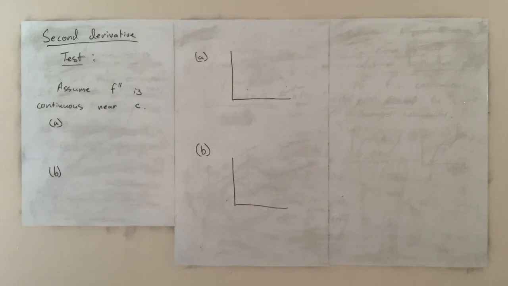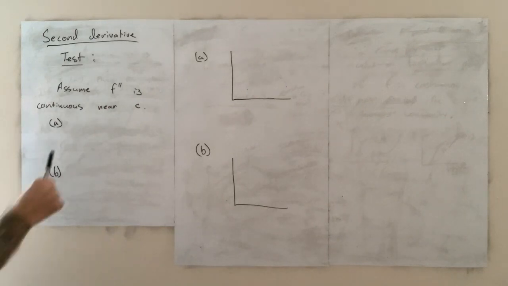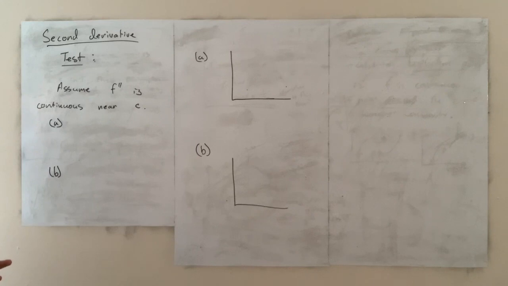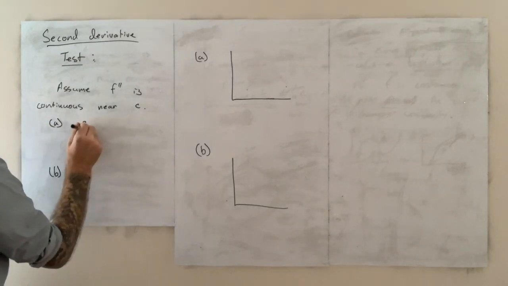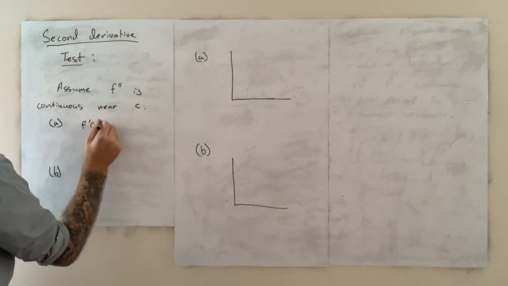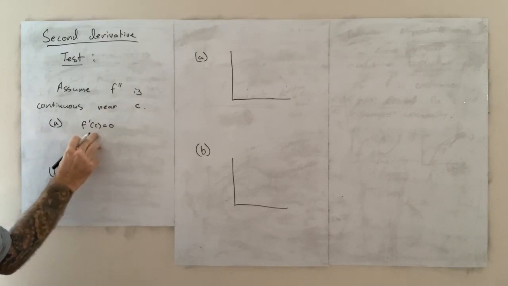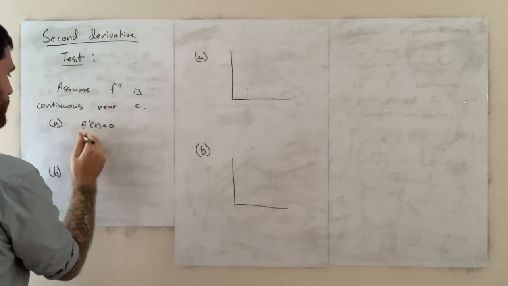Now we come to the second derivative test. What the second derivative test is going to tell us is we want to assume that the second derivative of our function is continuous near c. And the first case is going to be that the first derivative at c is equal to 0. So c is going to be a critical number.